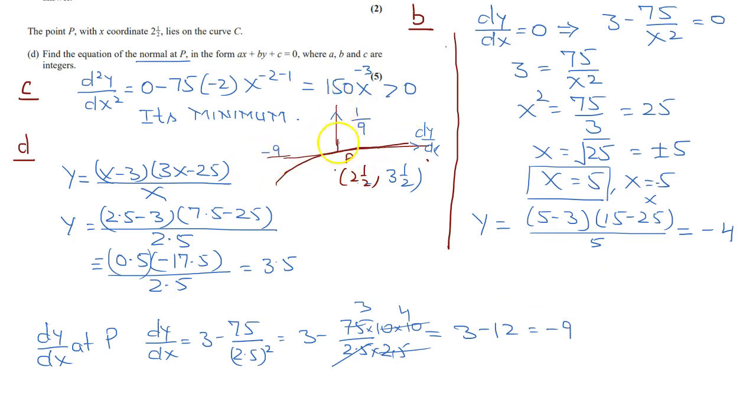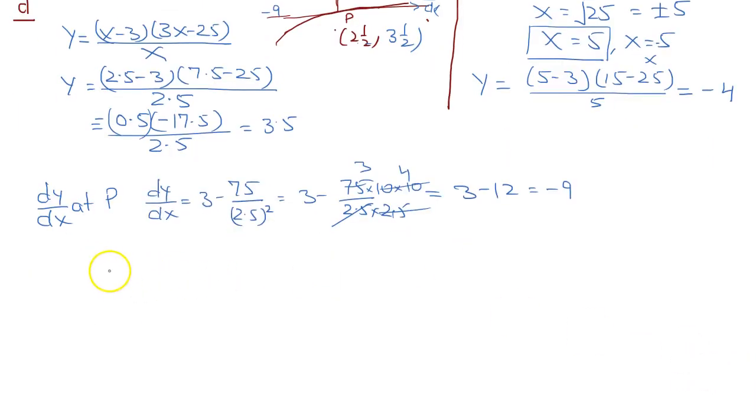We have to find the normal. So the slope of the normal will be 1 over 9. So the equation of the normal is y minus y1, which is 3.5, is equal to slope 1 over 9, x minus x1, which is 2.5.